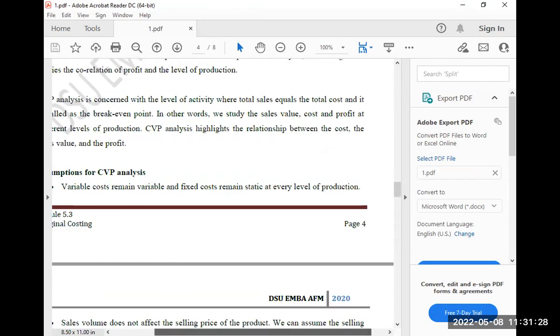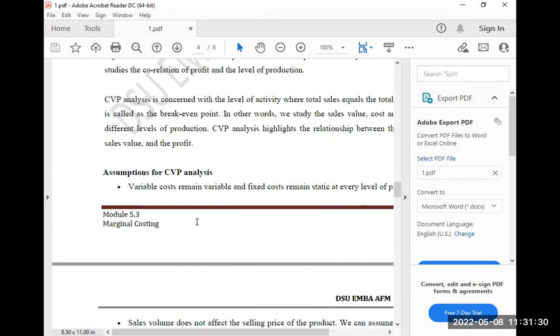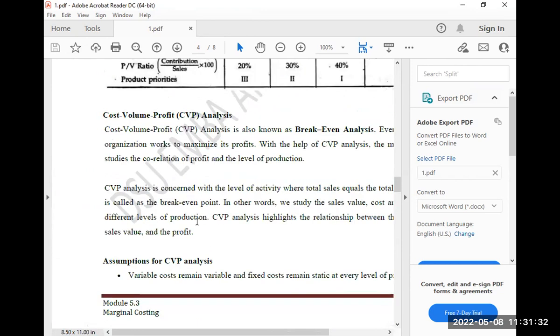Next one is CVP analysis. CVP analysis means cost, volume, profit analysis. Same thing, the break-even point, and the extension is called CVP analysis. If cost increased by what percentage, or the volume of sales increased by what percentage, what is the impact of these two increases on profit? Suppose my sales was 100. Now my sales is going to be 150.